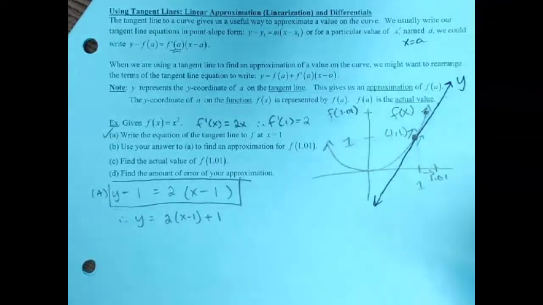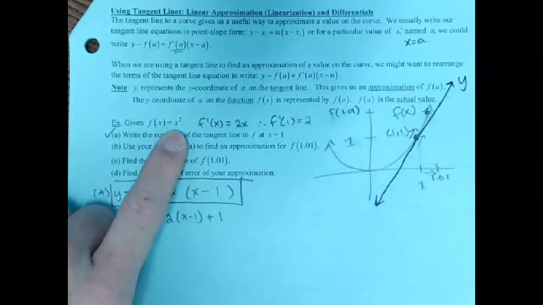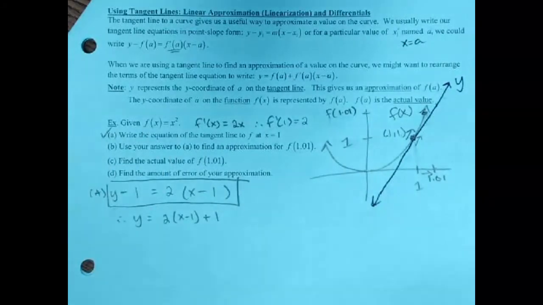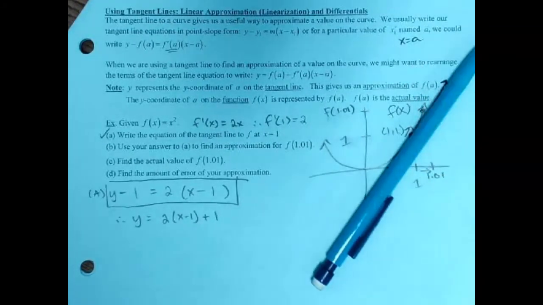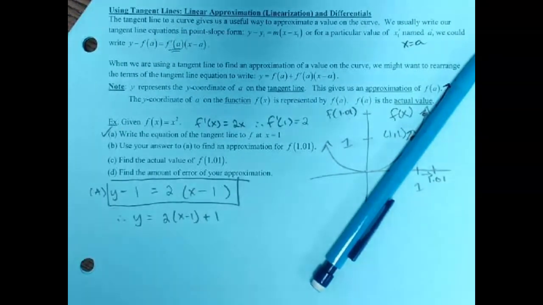This curve happens to also be something we can do by hand. But this is just kind of the simplest example. Later on, you may see functions that are a lot more complicated. And the idea is I can use the straight line, the simple linear function, which I can always do by hand. I can use that as an approximation for the curve, which sometimes I can do by hand, but a lot of the times maybe not so much.